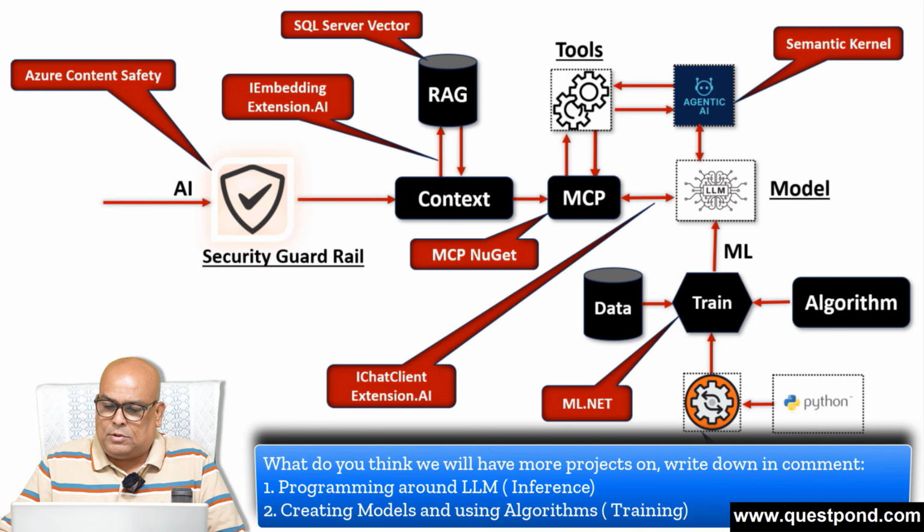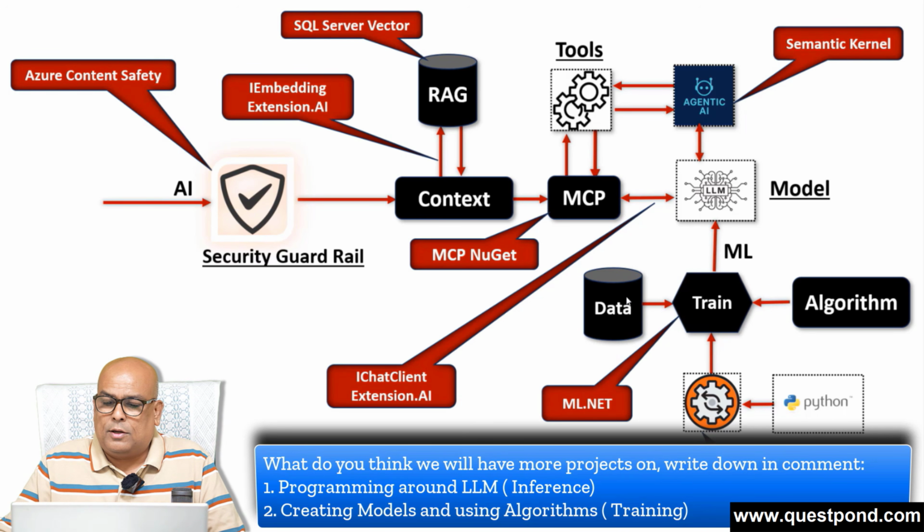But definitely there would be cases where you would like to create your own custom model, because you want to be in your own ecosystem, or because you want it to be locally available for some reason. Then probably this would come into the picture. But nowadays LLMs are so mature that most projects will be at the inference level, right?